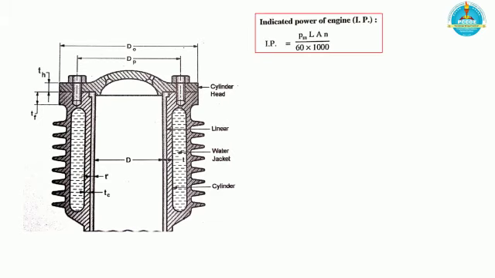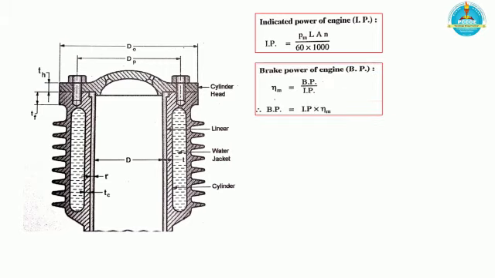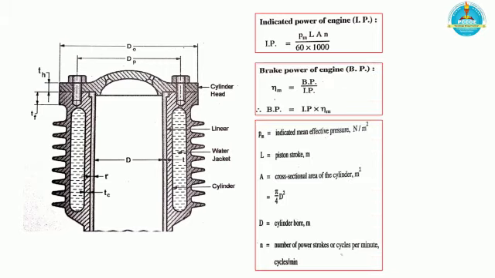So indicated power of an engine is calculated by PM LAN upon 60 into 1000, where PM is the indicated mean effective pressure in Newton per meter square, L is the piston stroke in meter, A is the cross-sectional area of the cylinder in meter square, which is given by pi D square by 4, D is the cylinder bore, and N is the number of power strokes or cycles per minute.